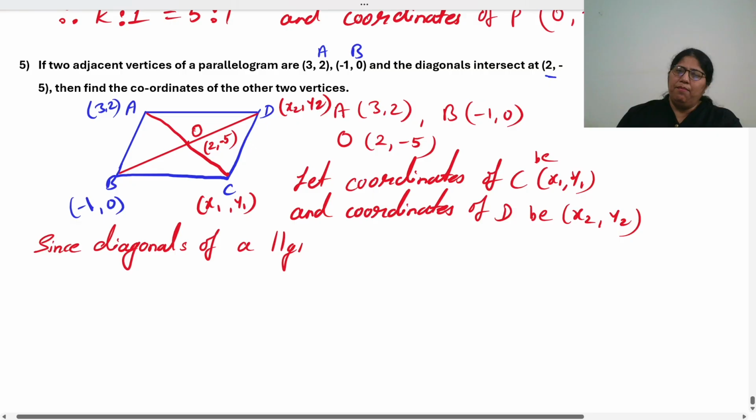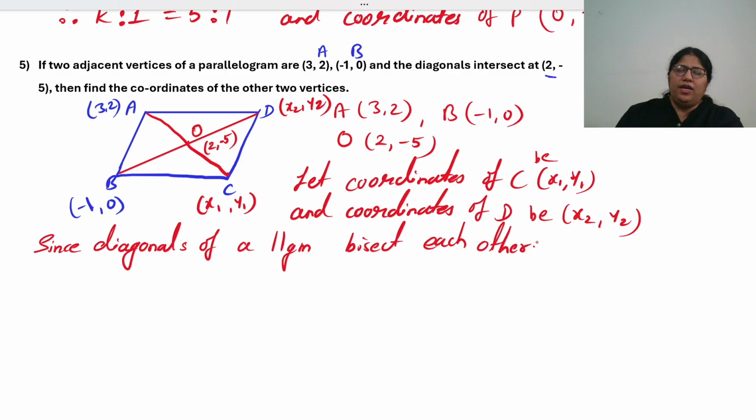Bisection means it is the midpoint. Therefore, O is the midpoint of AC and BD.